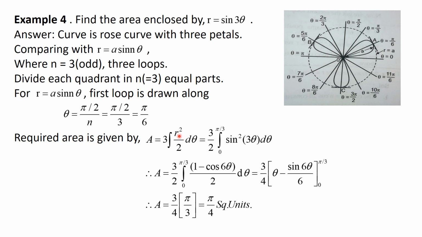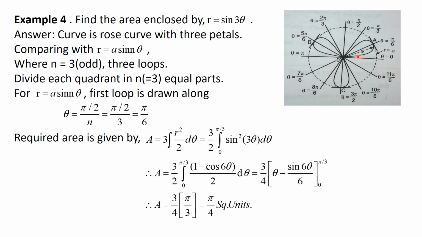Since r is equal to sin 3 theta, the expression comes out as sin square 3 theta, where theta varies from theta equal to 0. Now we need to completely cover the petal, for which the rotation of angle is theta equal to 0 to theta equal to pi by 3. If we consider only till pi by 6, only half the petal is covered.